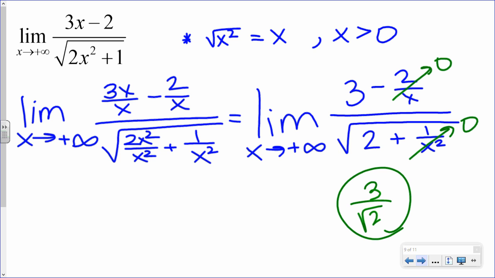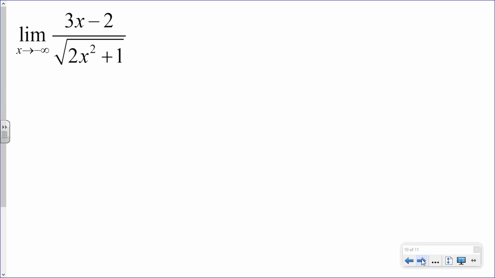Now we're going to go towards negative infinity. Same problem.